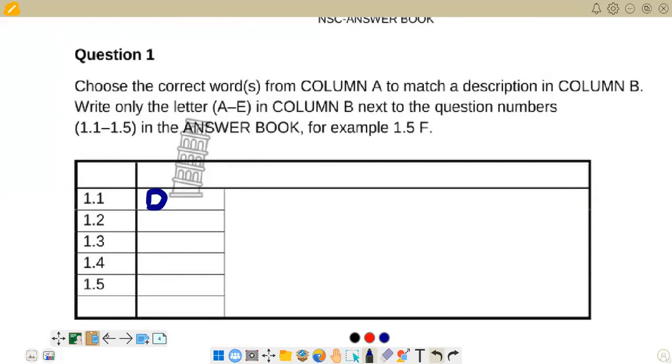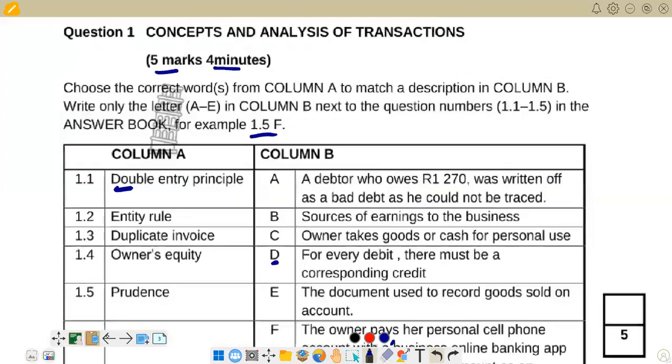Then we go to the next term, entity rule. Entity rule on its own separates the activities that happen on the side of the owner from the activities that we see happening in the business. Remember, the owner owns the business, but the entity rule says we should separate the owner from the business.